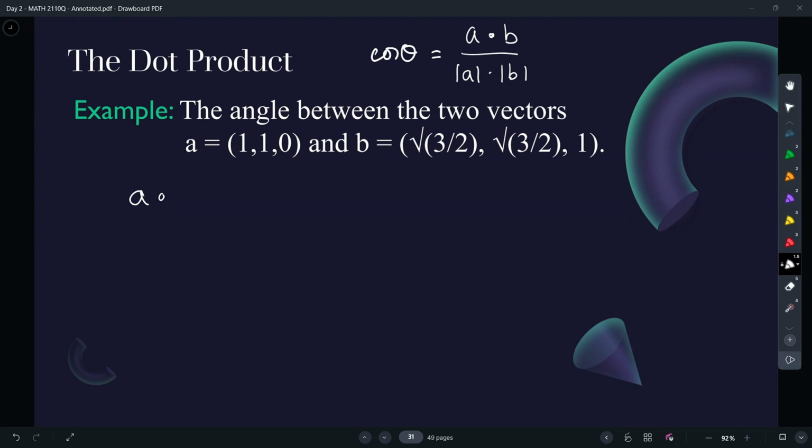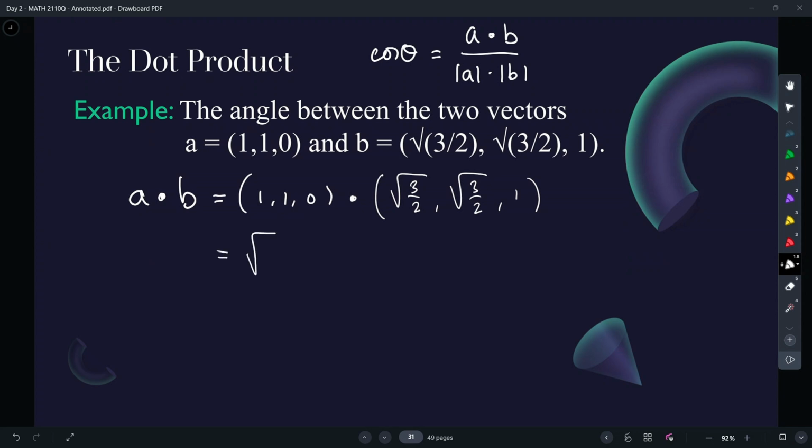So what is the dot product? 1, 1, 0, dotted with the square root of 3 over 2, square root of 3 over 2, comma 1. That is 1 times the square root of 3 over 2, plus 1 times the square root of 3 over 2, plus 0. So it's twice the square root of 3 over 2. I'm going to leave it like that for now.